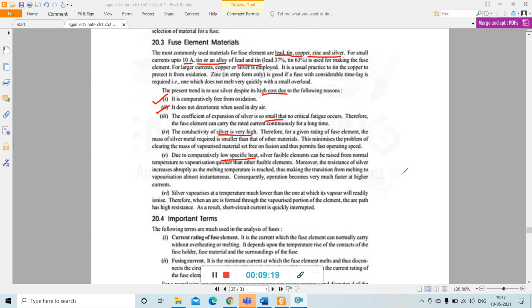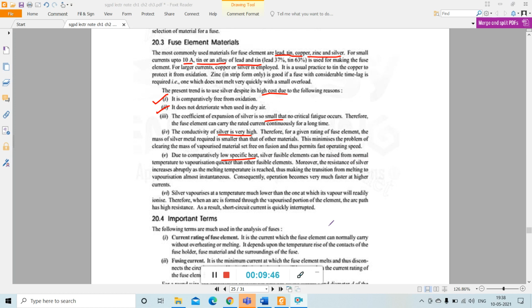So the resistance of the silver increases abruptly as the melting temperature is reached, thus making the transition from melting to vaporization almost instantaneous. Okay, so due to low specific heat, the operation becomes very much faster at higher current.